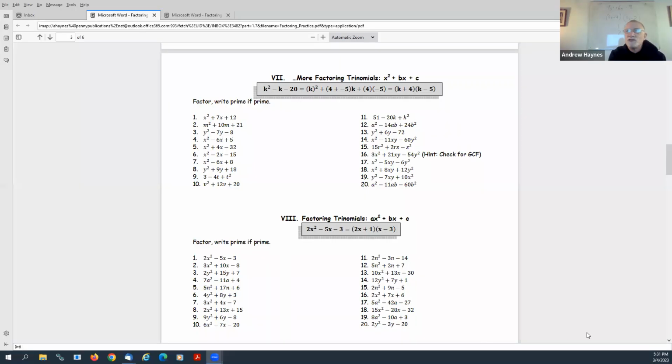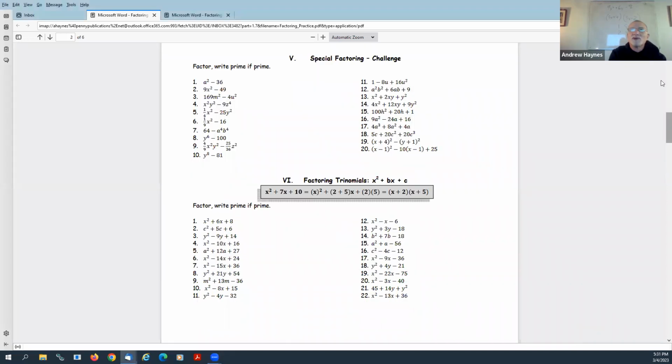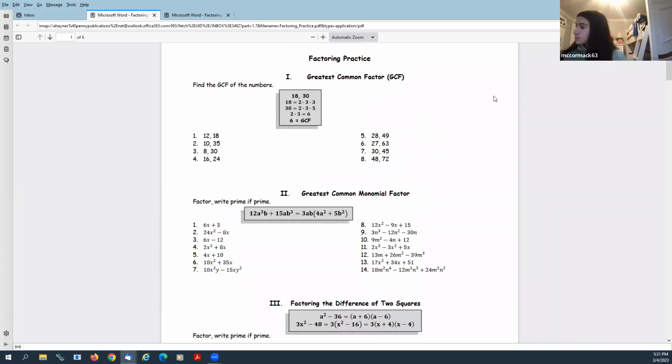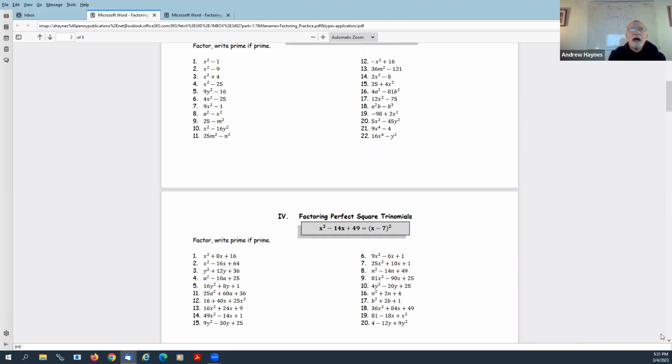So it's a huge sheet. It's actually several sheets and all sorts of groups of problems. You begin with the relatively early ones, where you're just looking for greatest common factors with numbers, and then the monomials, or the greatest common monomial factor. The difference of two squares stuff is here in part 3.